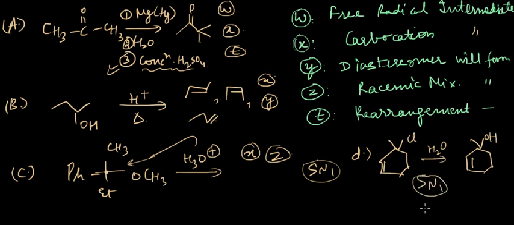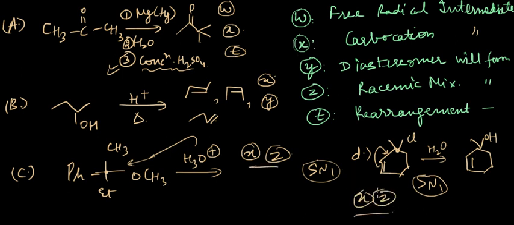Hence again SN1 reaction will take place and the formation of carbocation will be there here, and in the RDS it will be stabilized by the resonance of the conjugate double bond which is present alternate to the positive charge, the carbocation here. Hence X and Z would still be the answer.